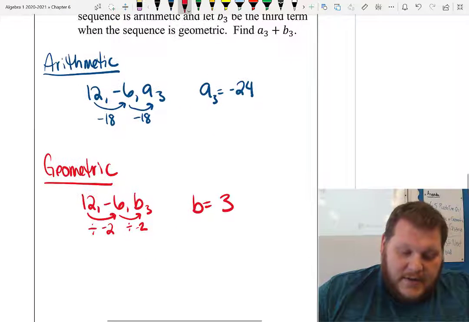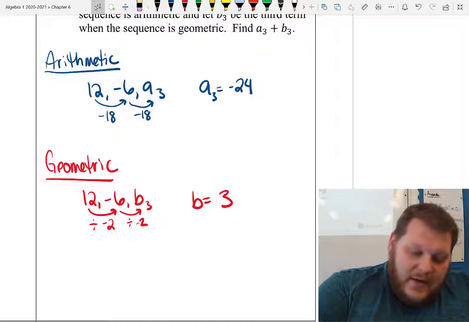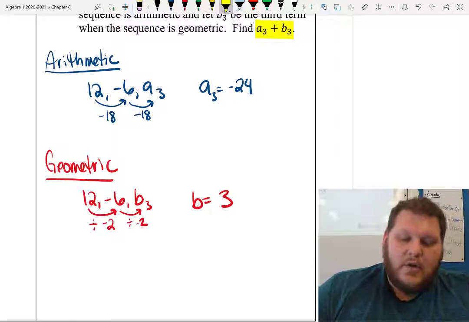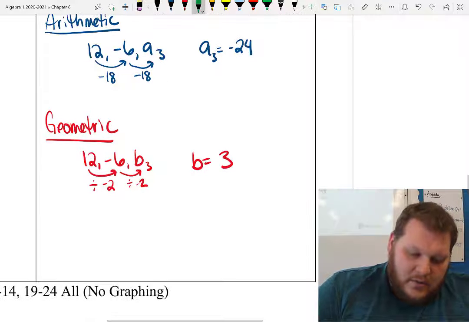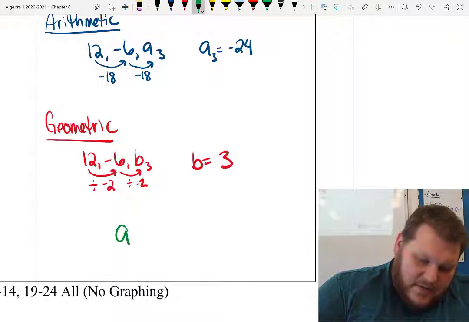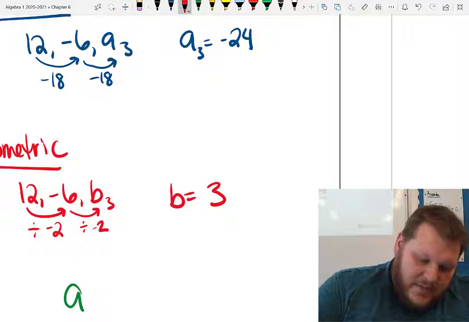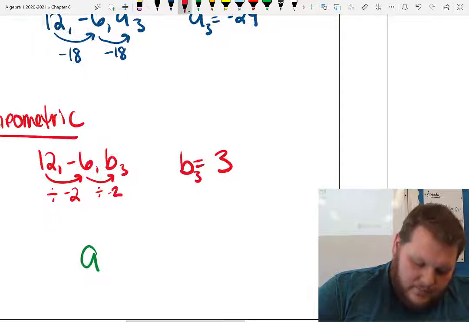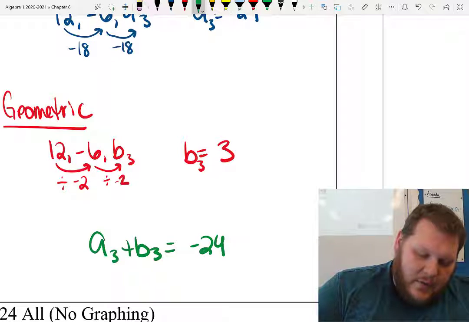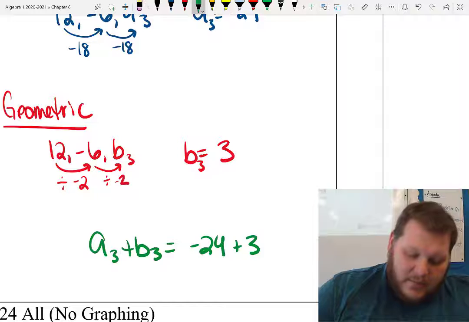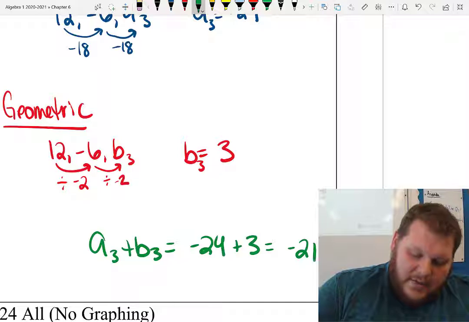Now, the answer here is not just those two separate things. They want us to find what A3 plus B3 is. I forgot to label that up there. This is B3, our third term. So A3 plus B3 is -24 plus 3, which would be -21.